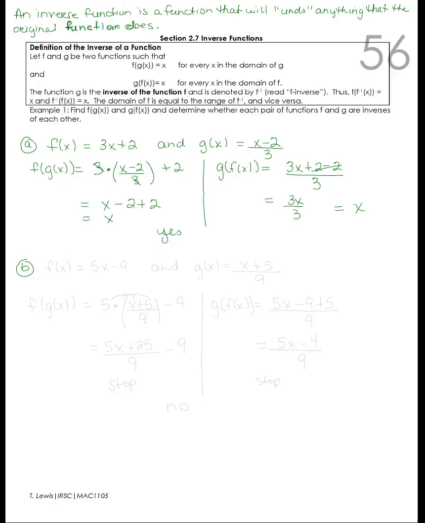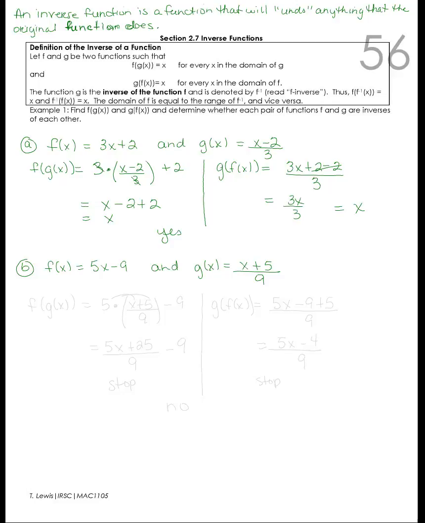Okay. We have here f of x is equal to 5x minus 9, and we have g of x that is equal to x plus 5 over 9. Now just look at it compared to the first example.